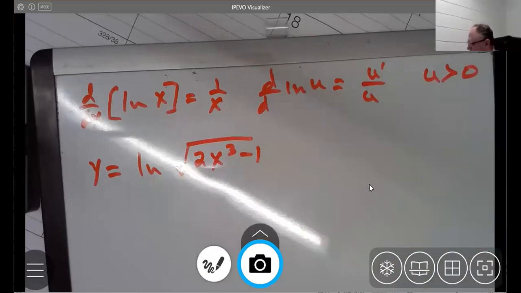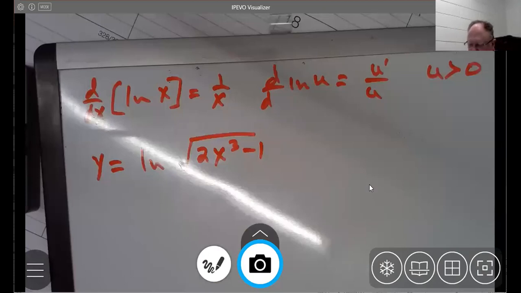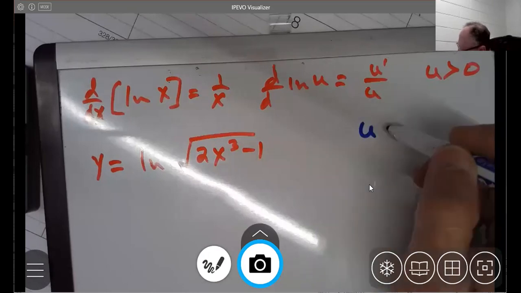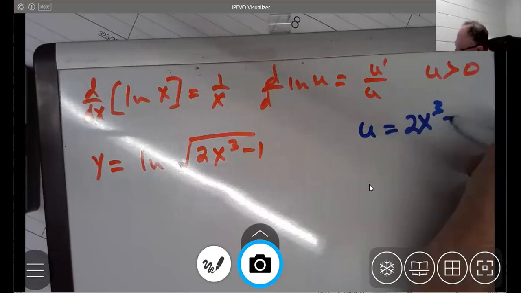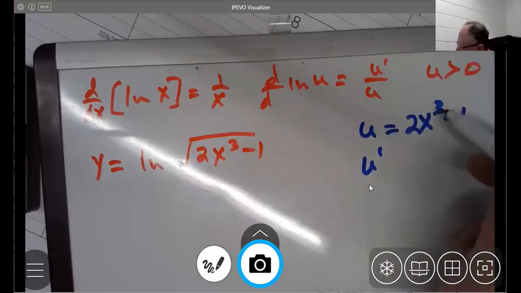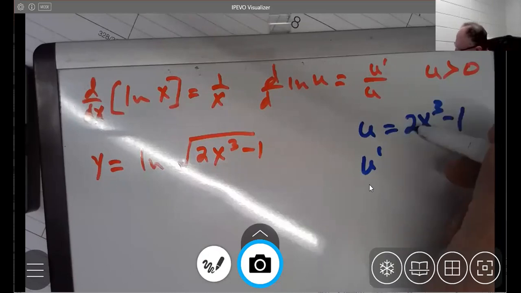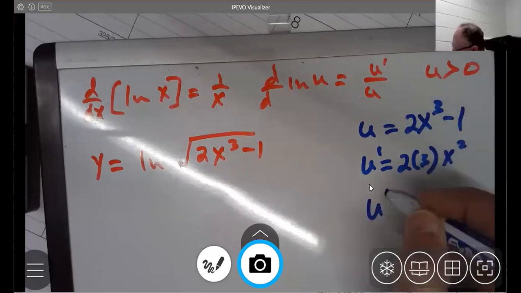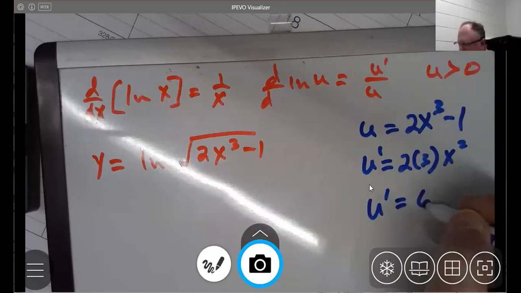First thing you want to do is look at what's inside as the u. So u is 2x cubed minus 1, and therefore u prime: we bring that 3 down, so that's 2 times 3, and then we subtract 1 from the exponent, so that's x squared, and the 1 goes to 0. Therefore u prime is 6x squared.